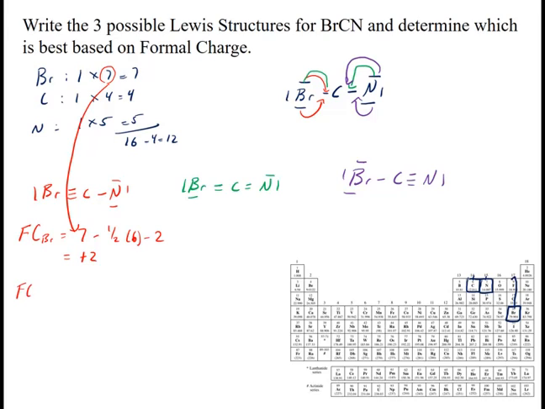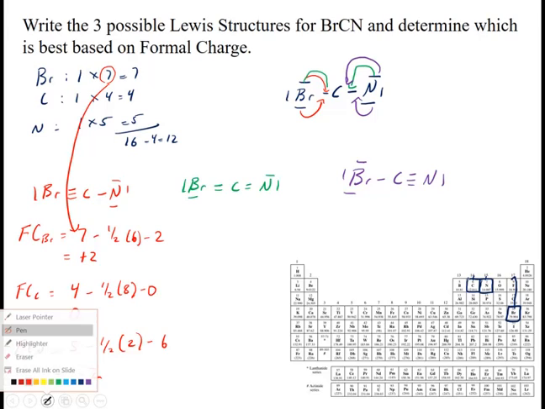I have the formal charge of carbon, which is going to be 4 minus 1/2 of 8. It's because there's 2, 4, 6, 8. And carbon has 0 lone, so that's going to be 0. And the formal charge of nitrogen is 5 minus 1/2, and this structure only has 2. And then minus, it has 2, 4, 6 lone electrons. So 5 minus 1 is 4, minus 6 gives me minus 2.